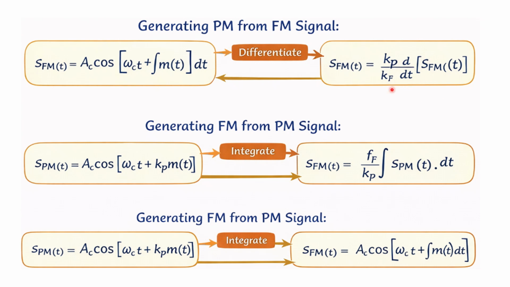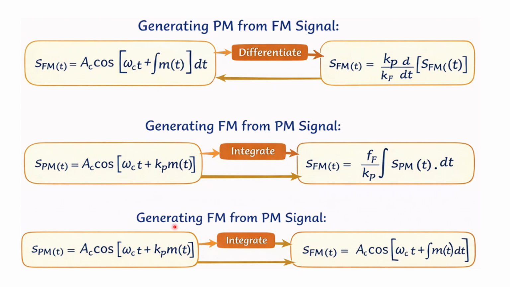And for PM from FM, there is no integration, because PM is always in the angle only, since both are part of angle modulation itself. If you have a PM signal, just integrate it and you will get the FM signal.